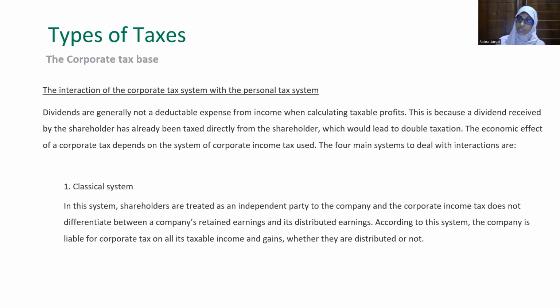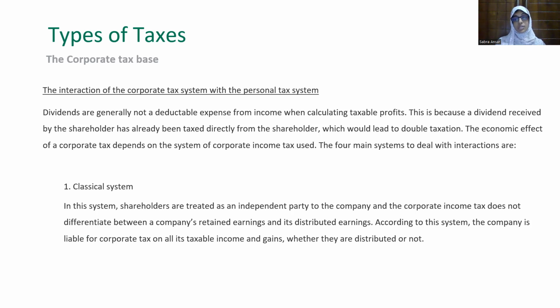So first, we are going to talk about the classical system. What is this classical system? The shareholders are treated as an independent party to the company, and the income tax does not differentiate between a company's retained earnings and its distributed earnings.